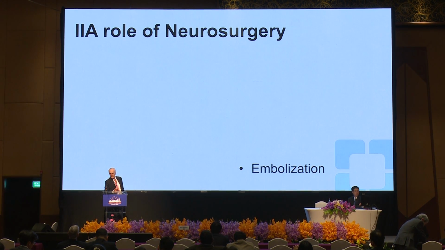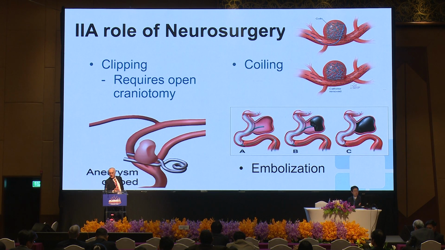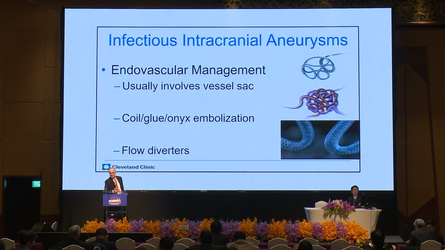So the role of neurosurgery: they do endovascular and open approaches to this. They can clip, they can coil, they can embolize, and we had a very interesting presentation by our neurosurgeon. It was so complicated, and these pictures are so difficult to interpret, that I didn't dare to include a lot of them because I wouldn't be able to interpret them myself and point to the right aneurysm.